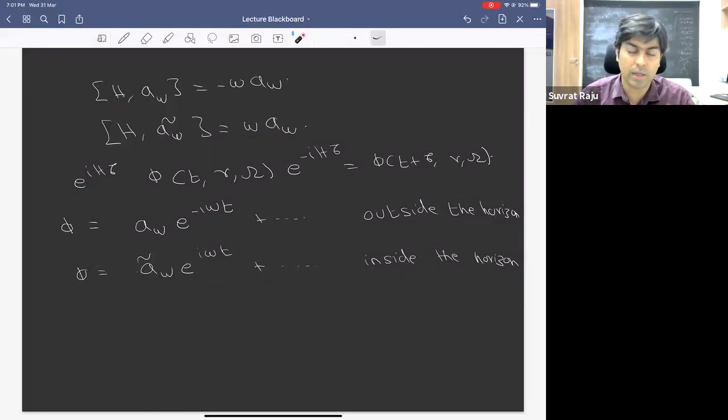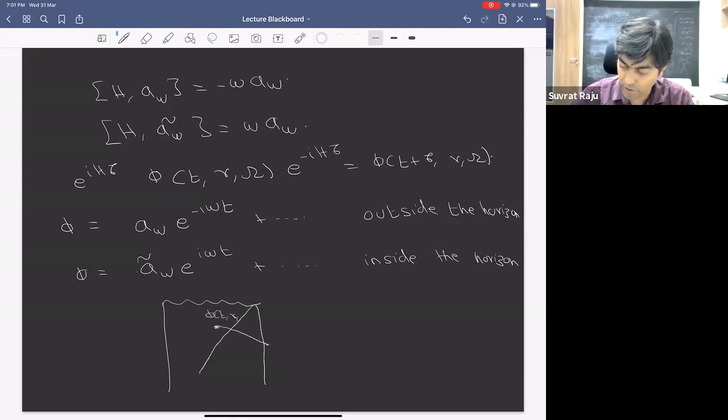There's a more formal way of saying this, which is that you can gauge fix this operator. We have this black hole, we have a horizon, and the way this operator is gauge fixed is that we start from some point on the boundary, like here, and then follow a geodesic in the bulk.